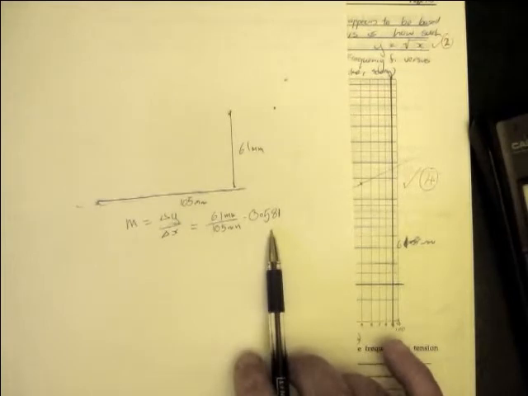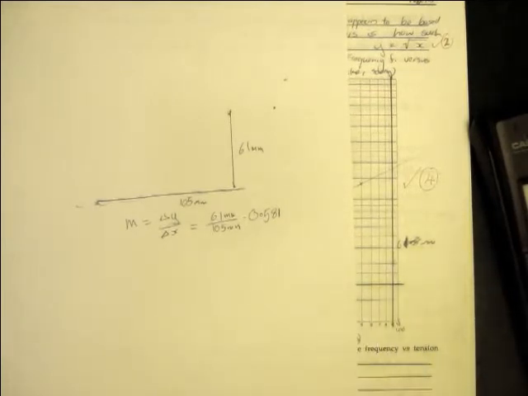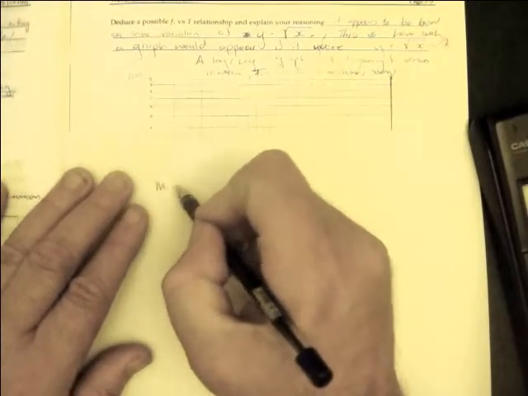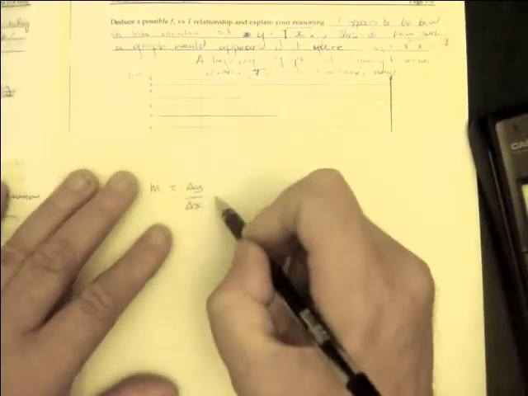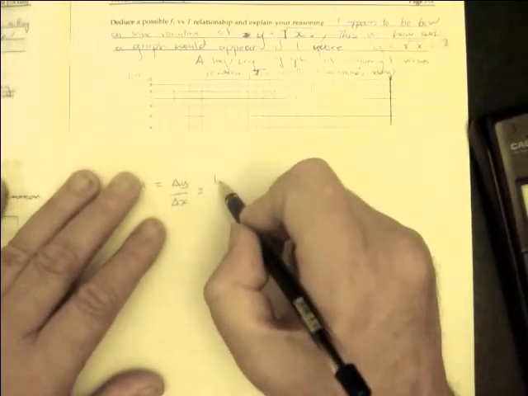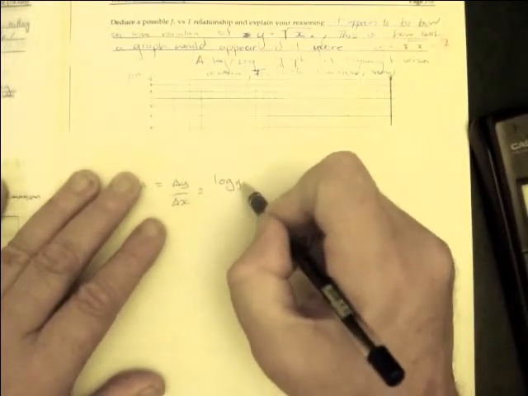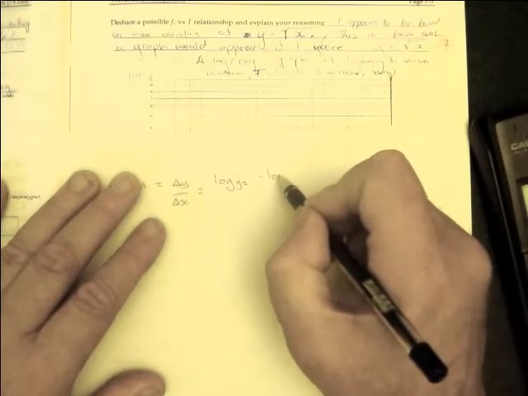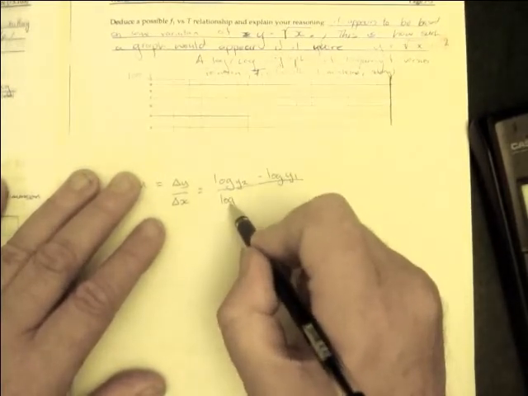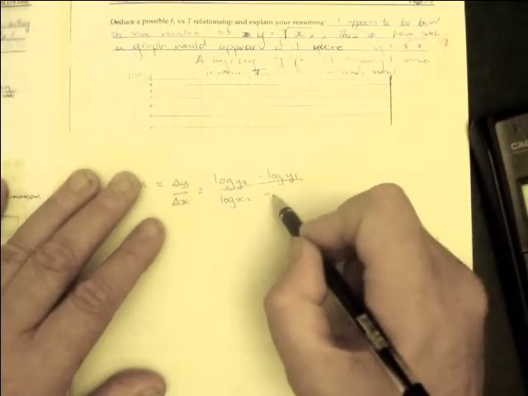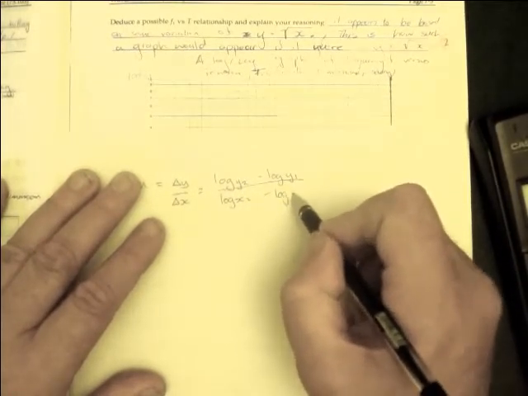That's one way of doing it. Of course, as you can probably gather, this way is only as accurate as your ruler. So an alternative way of doing it would be m is equal to change in y over change in x, which in this case is going to be the log values: log y2 minus log y1, over log x2 minus log x1.